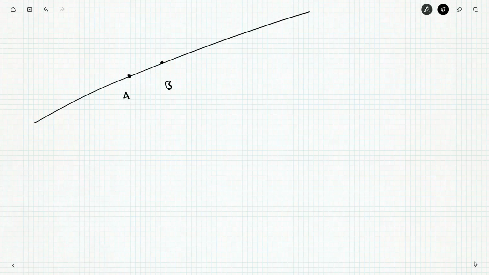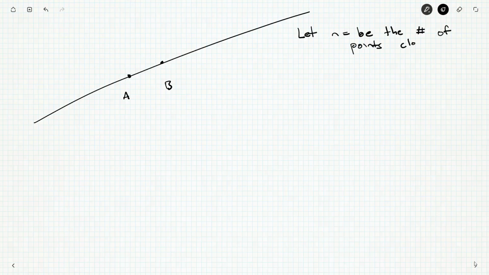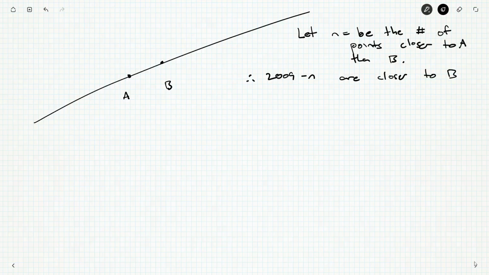So I might say, let N be the number of points closer to A than B. Now there's 2009 points altogether, so that tells me 2009 minus N are closer to B.